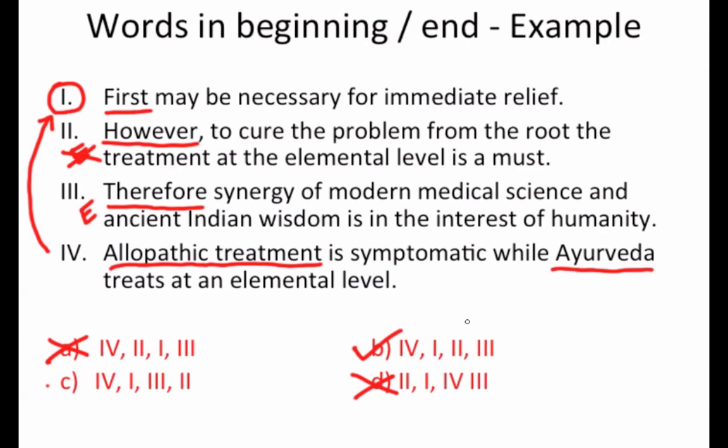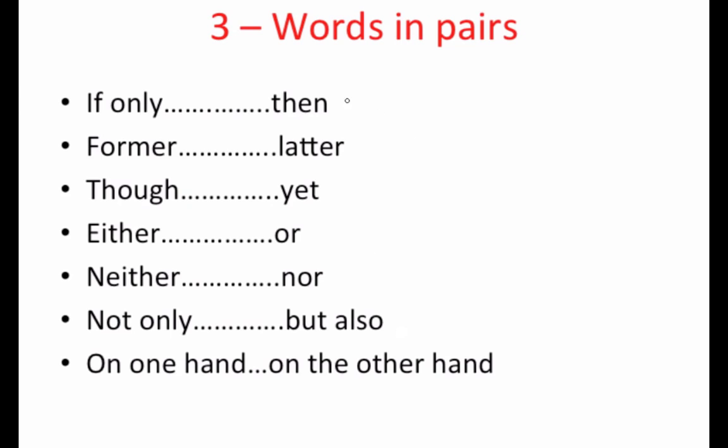Let us look at one more tip. The words which exist in pairs, again they can be very, very helpful. If you have something like an if only, it would be followed by a then. Former will be followed by a latter. Though, yet, either, or, neither, nor, not only, but also, on one hand, on the other hand.